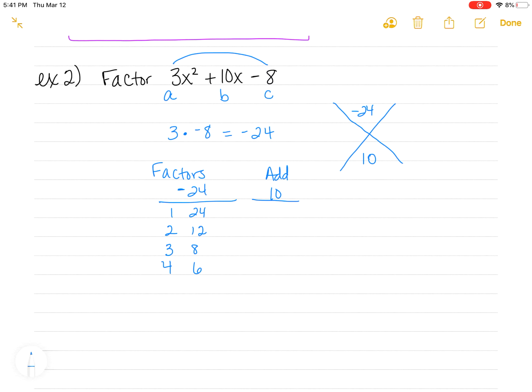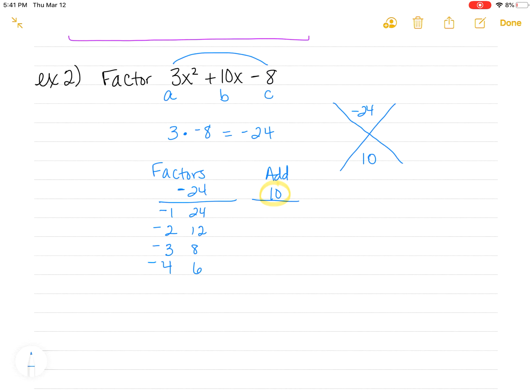And so I'm going to look at what I'm adding to. I'm adding to 10. It's positive. So if I know that one of them is negative, and my sum is positive, then my smaller number is negative. So I'm going to go down my smaller column and write them as negative.